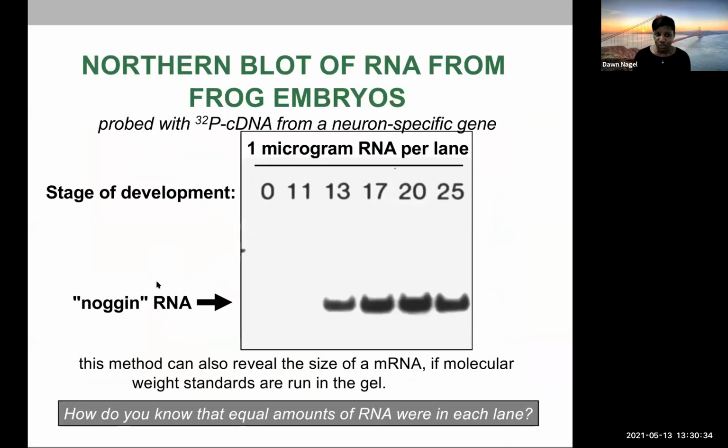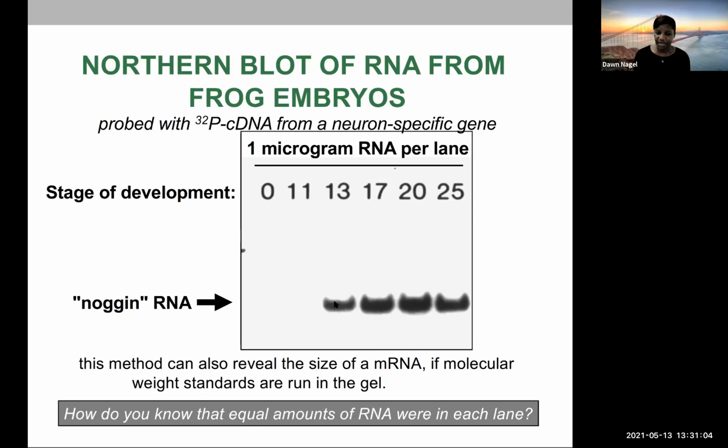This allows you to look at different developmental stages, right? Is your gene expressed at different developmental stages? This is an example of a gel, right? All of these wells, 0 to 25, represent different stages in development in frog embryos, right? So depending on when you isolated them, you're going to have different developmental stages. And you want to see whether or not this particular gene, this Noggin gene, is expressed at these different developmental stages.